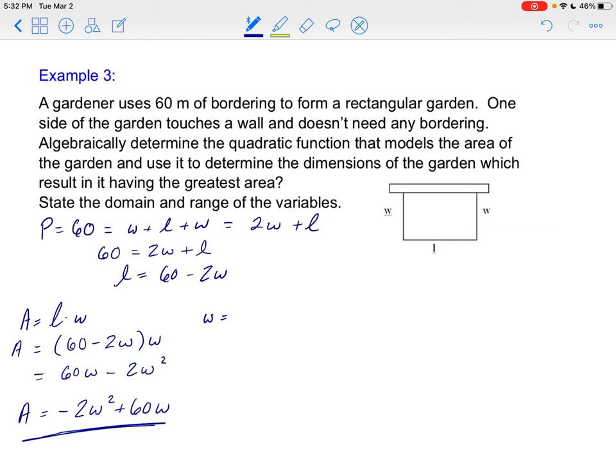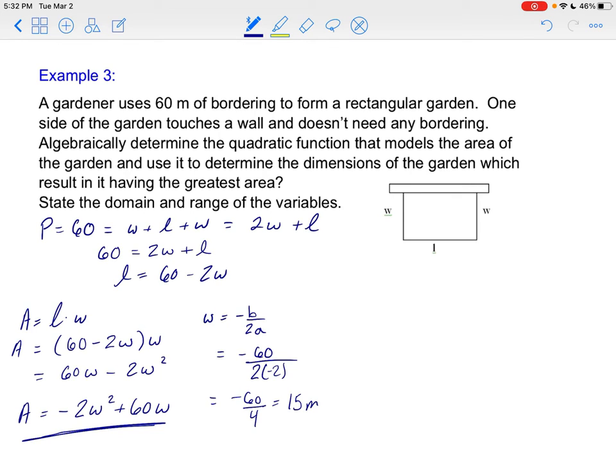So our width at the maximum will be equal to minus b over 2a, which is negative 60 divided by 2 times negative 2, which is negative 60 over 4, which is 15. So at maximum area, our width is 15 meters.